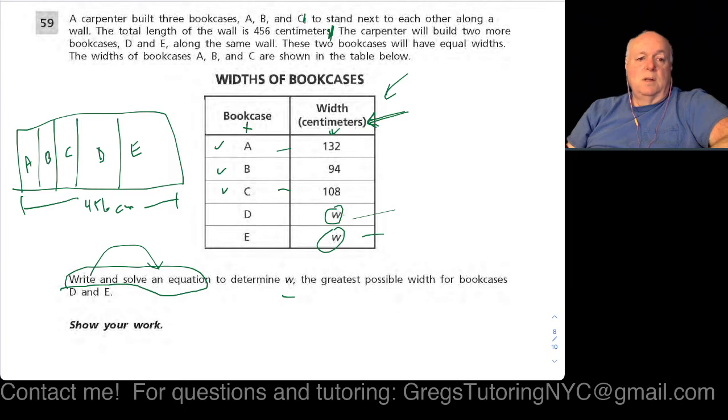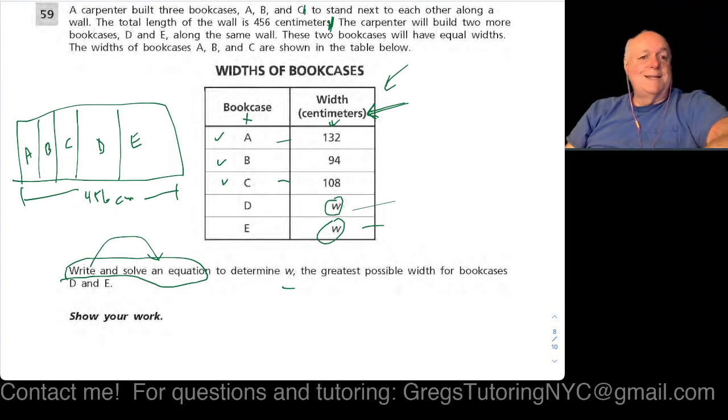To determine W, the greatest width for the bookcases D and E. Okay, so your equation does not need to say W equals. You can do that if you'd like. So let's try to do everything we have. We have the total length, 456, is equal to the length of A plus the length of B plus the length of C plus the length of D plus the length of E. Okay?